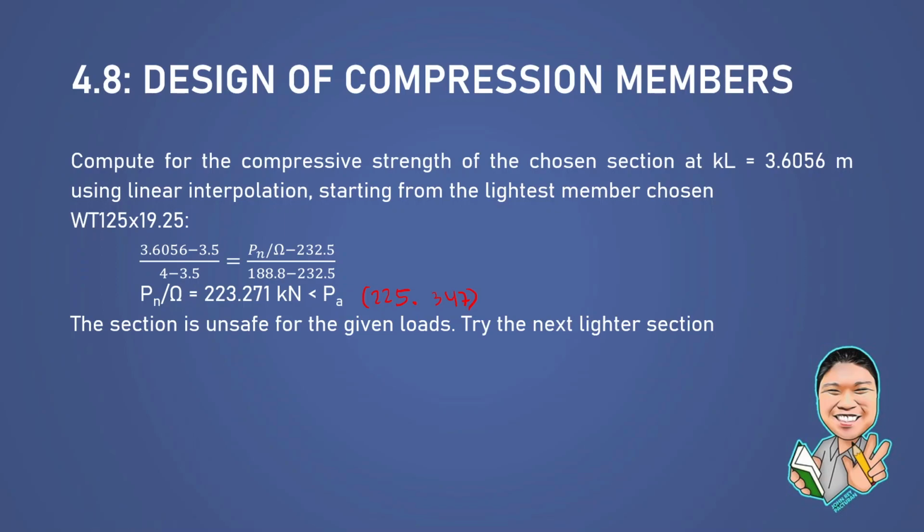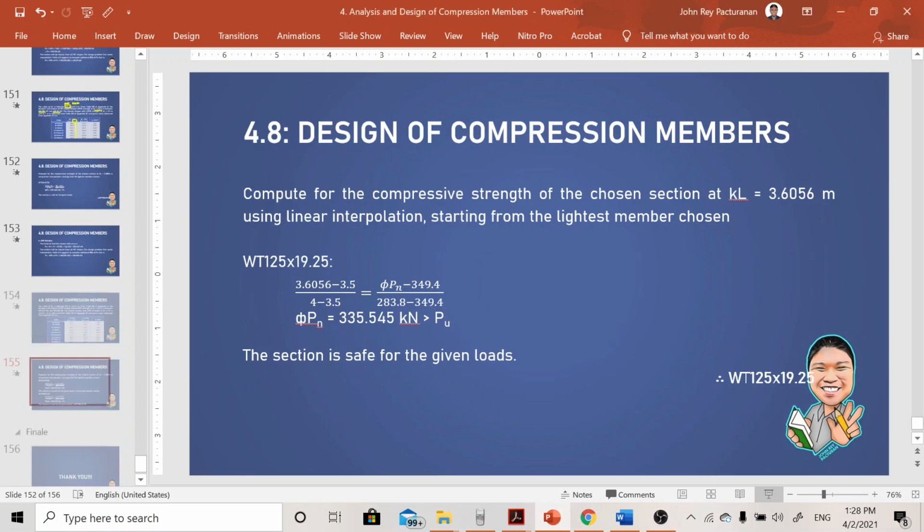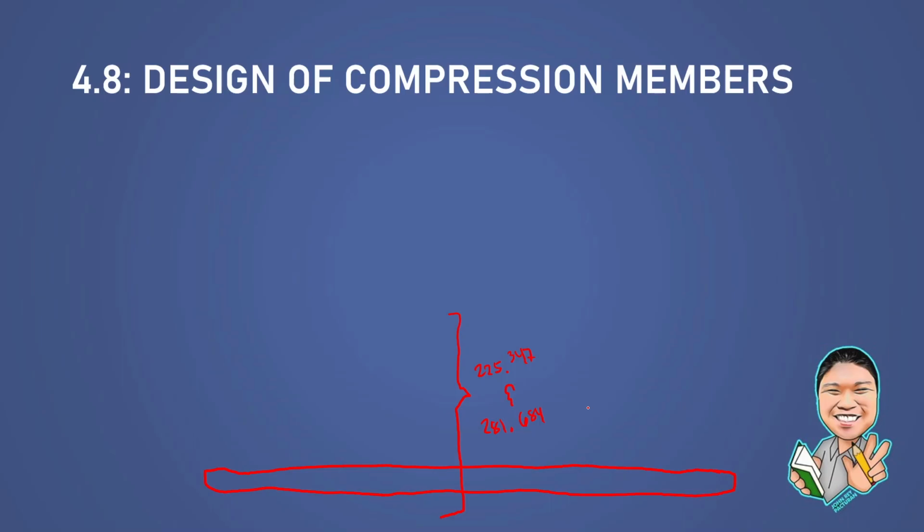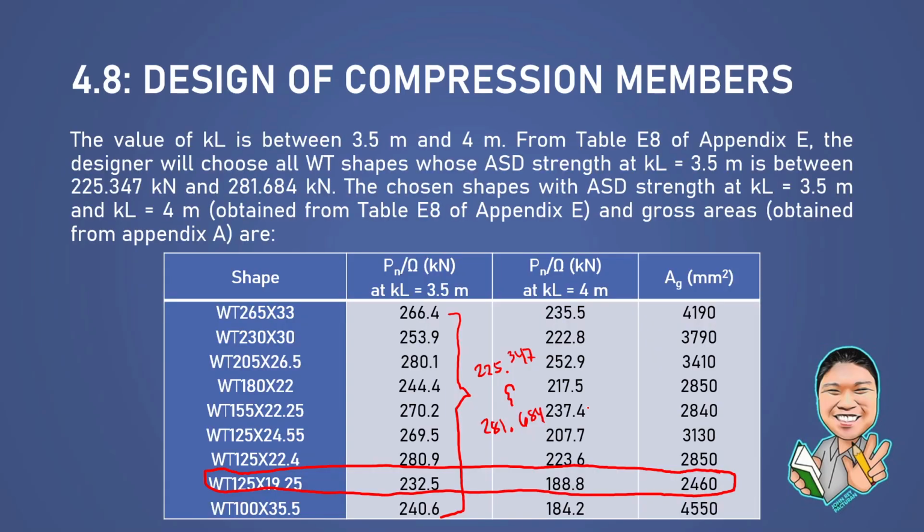Kapag ganon, kasi there are syempre some instances na unsafe siya, try the next lighter section. So, if you are going to go back here, yung sunod kay 2460 actually is itong 2840, 'di ba? Again, ang sunod kay 2460 is itong 2840. And in that case, that is WT 155 by 22.25.